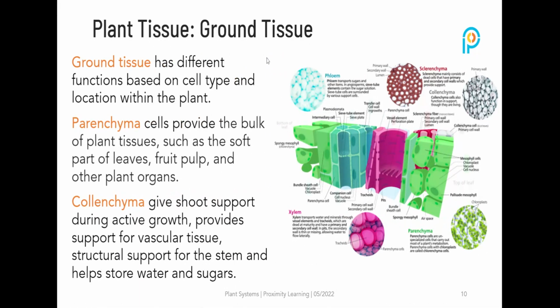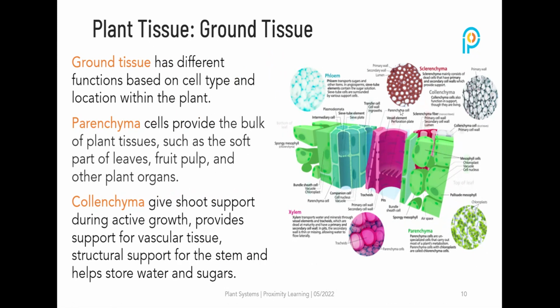Then you have the ground tissue. It has different functions based on cell type and location within the plant. The parenchyma or collenchyma, and you'll hear that pronounced several different ways. So, the parenchyma cells provide the bulk of plant tissues, such as the soft part of the leaves, the fruit pulp, and other plant organs.